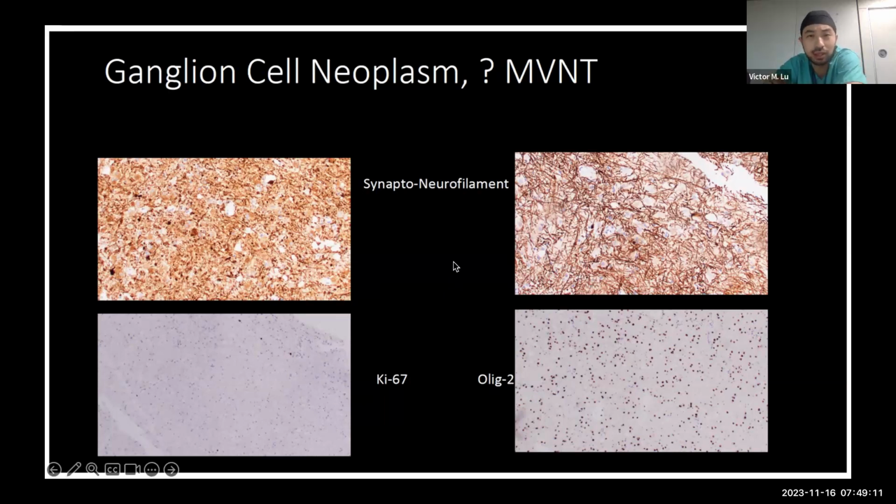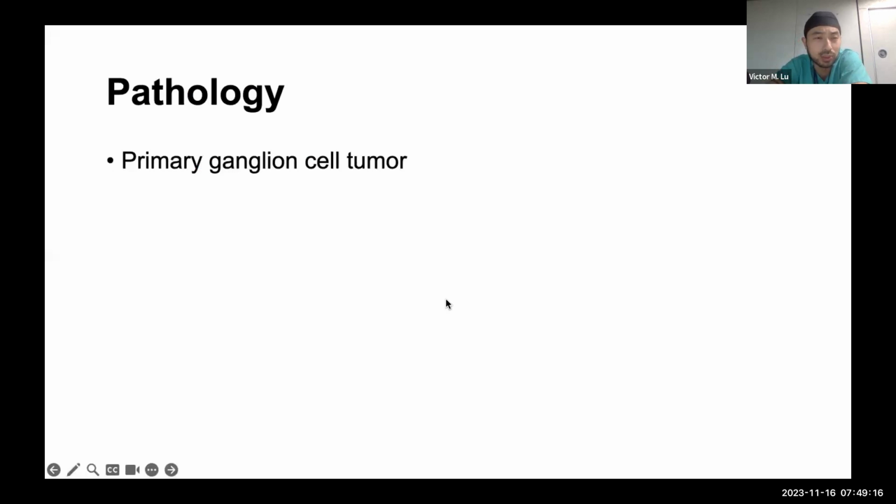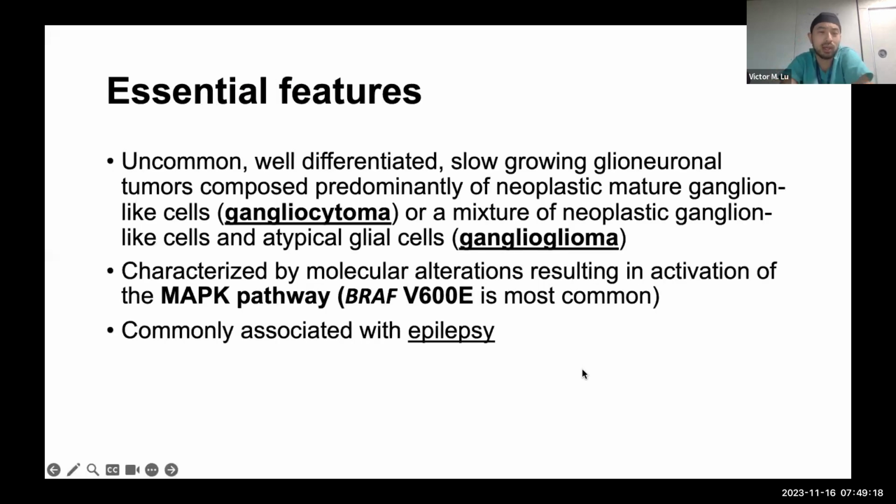Yes, thanks, Dr. Gultekin. And yep, we'll touch on MVNT as well. As we said, it was a primary ganglion cell tumor. I just wanted to take a couple of minutes to go over the basic ganglion cell tumors because they're always confusing when going over them. What we typically hear more about are gangliocytomas and gangliogliomas based on the composition of these lesions, and they're characterized typically by BRAF molecular alterations.